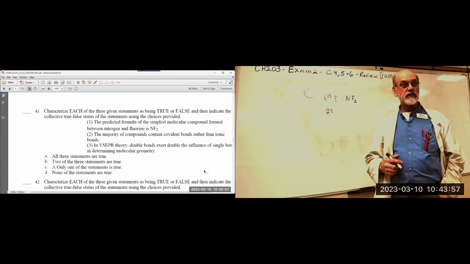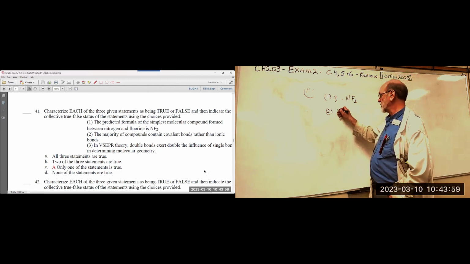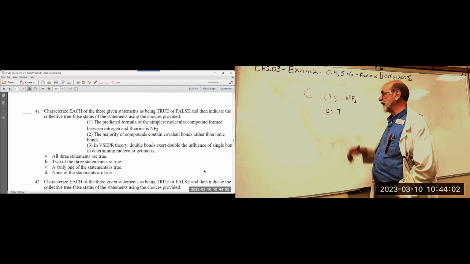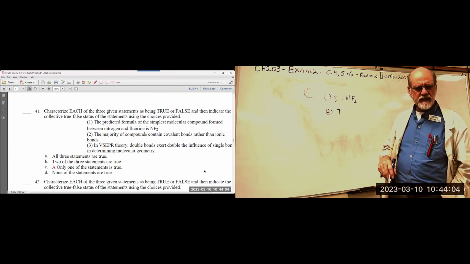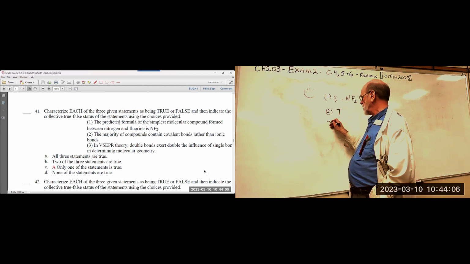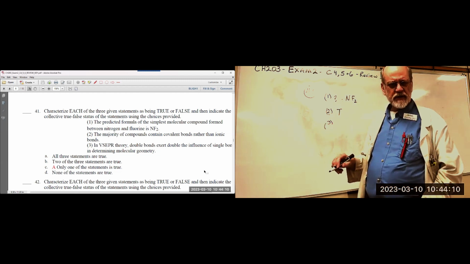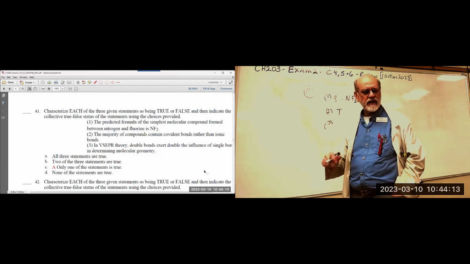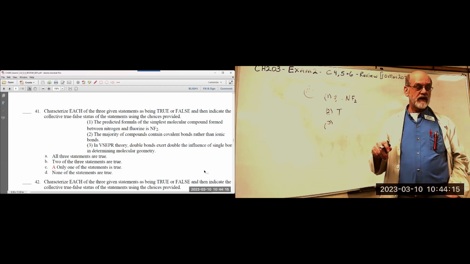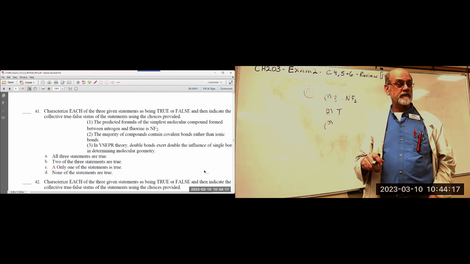That's true. Oh. 2 is true. Yeah. The majority do contain covalent bonds. 3, in VSEPR theory, double bonds exert double the influence of single bonds in determining molecular geometry. No. You treat them as equal groups.